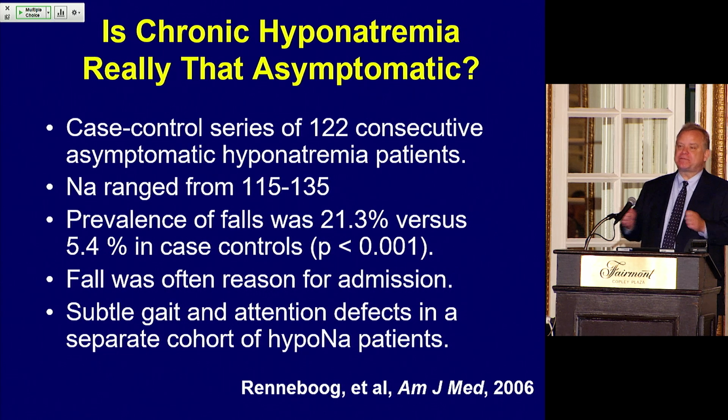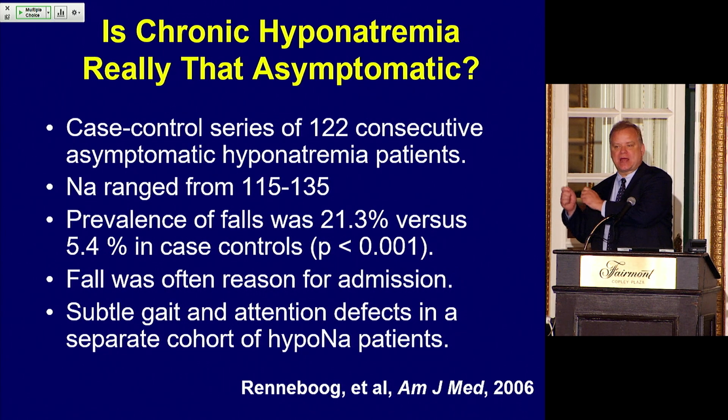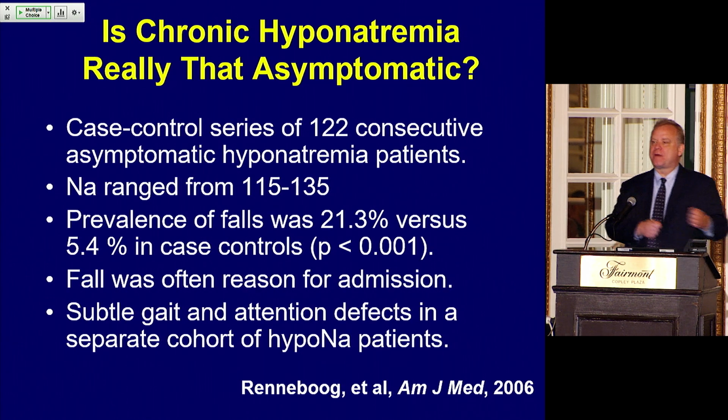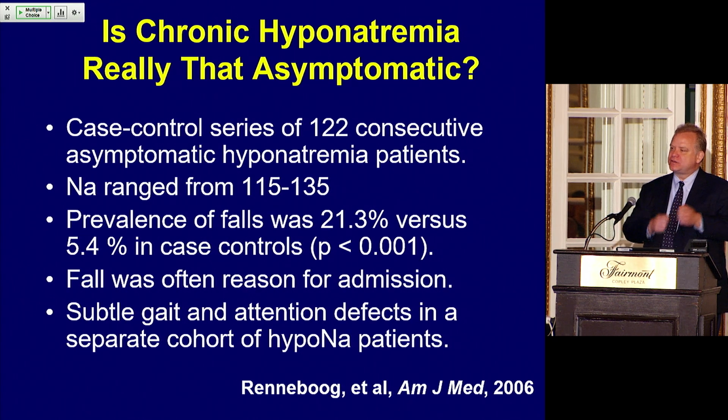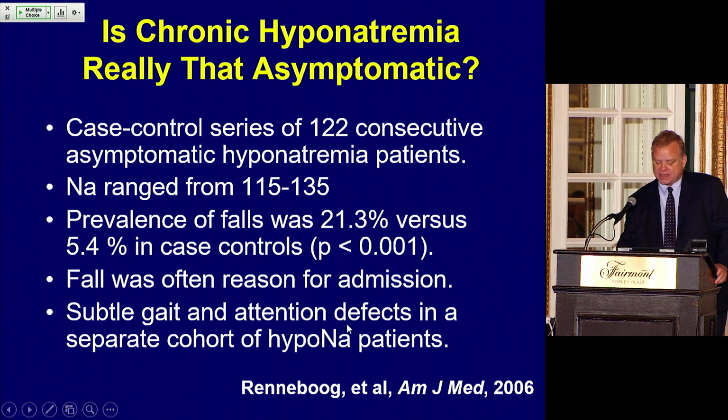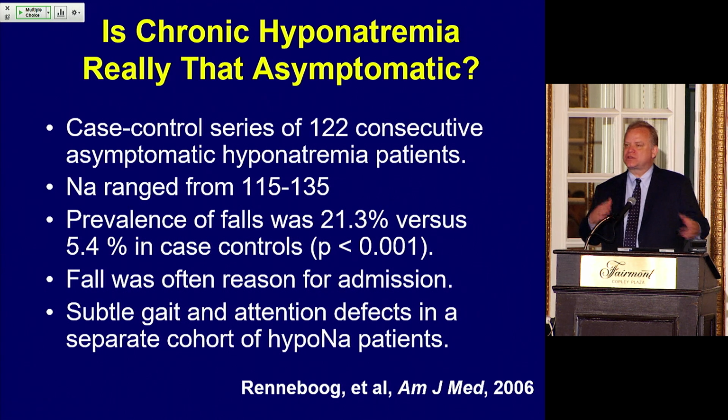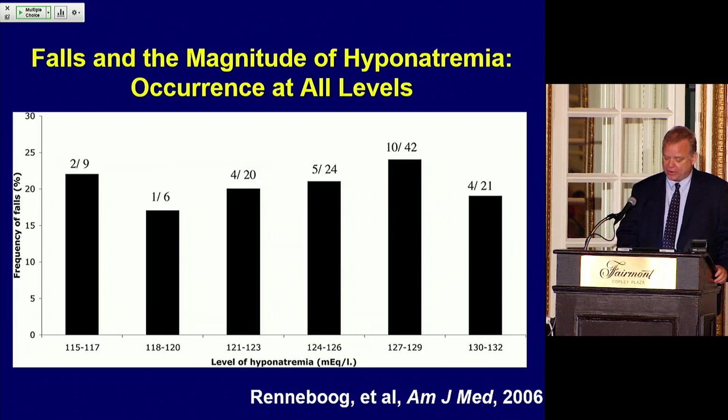And when they looked at patients who were hyponatremic and then corrected them, or took patients who had been hyponatremic and let them go back to hyponatremia and did gait testing and neuropsych testing, these patients had subtle gait and attention defects. So there is an underlying neuropsychiatric consequence of having chronic hyponatremia that you need to be aware of.